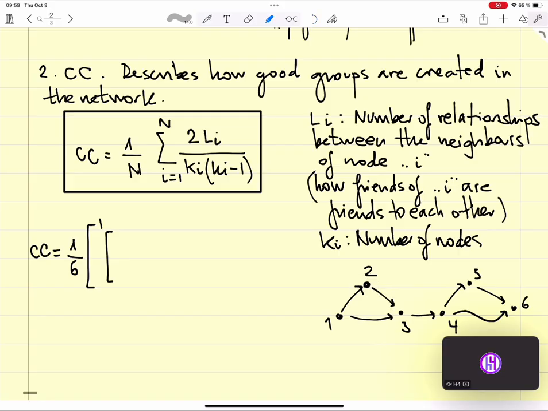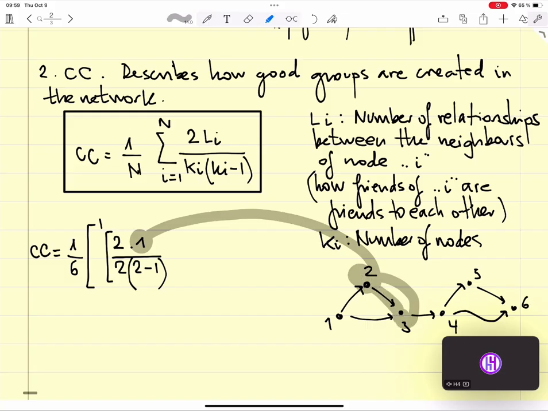Does this make sense? So this is 2 times 1 divided by 2 neighbors times (2 minus 1). This 1 is because my 2 friends have 1 connection. Okay?